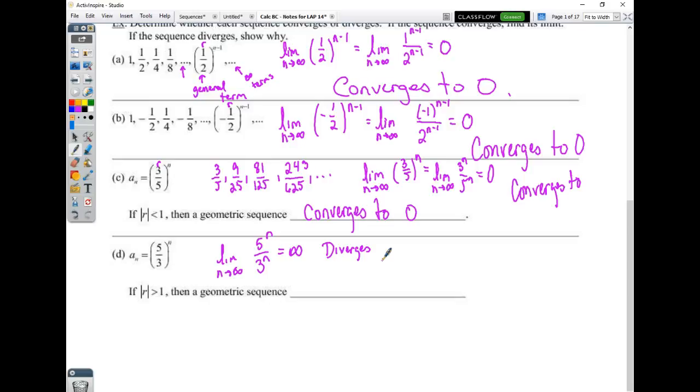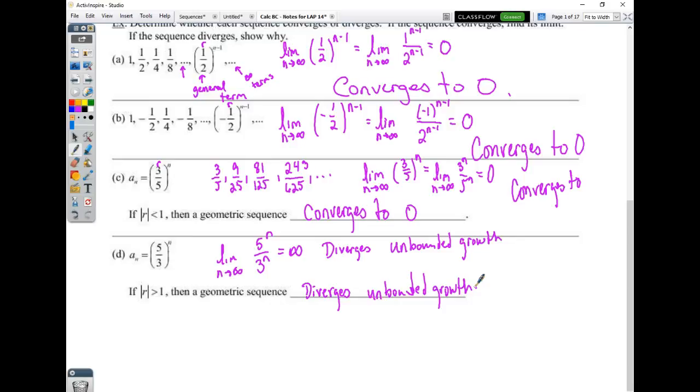If the absolute value of r is bigger than 1, you get something that diverges. And what you may want to put is that this is just unbounded growth.